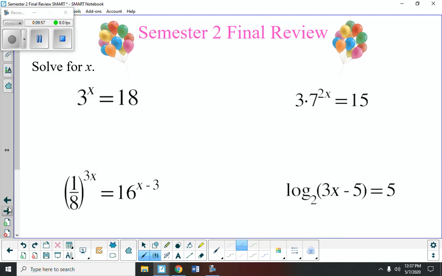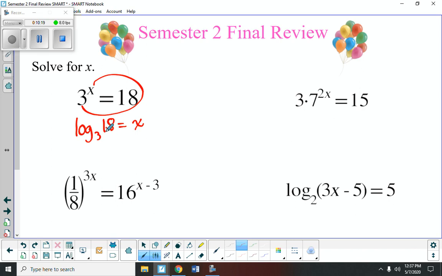All right, now we're going to solve for x, but if you'll notice, the x is in the exponent position. So in order to do that, we need to put it in log form. So remember how we do this? Log base 3 of 18 is equal to x.